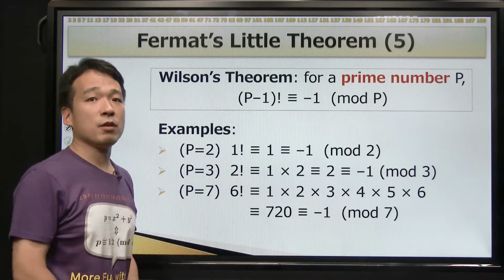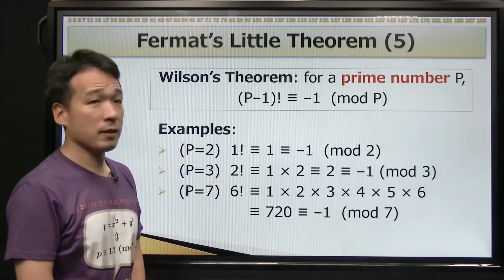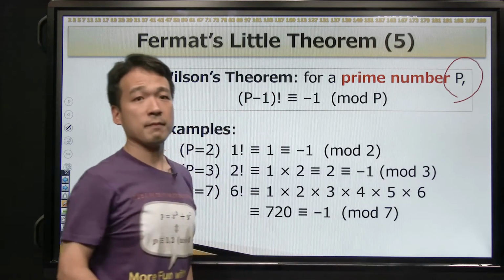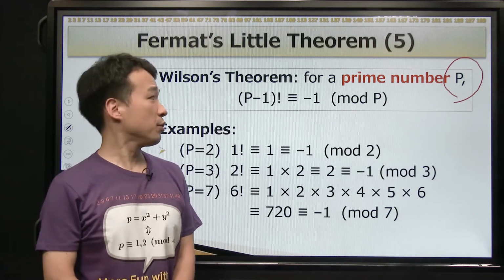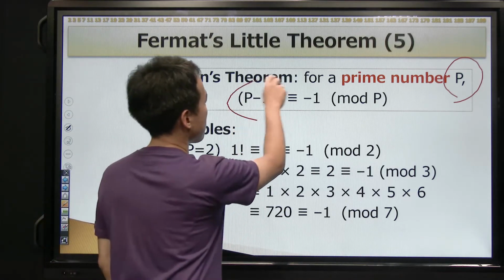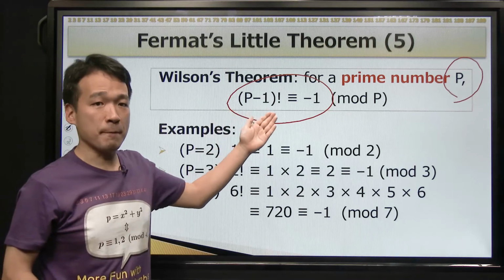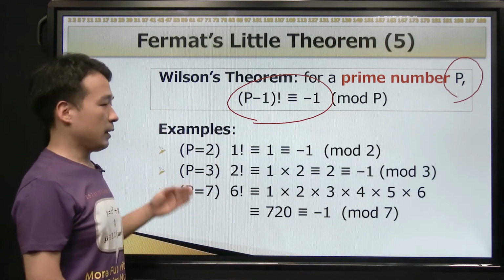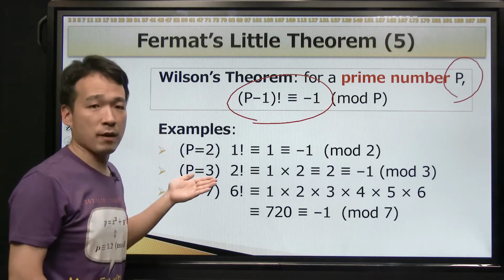Here is a statement of Wilson's theorem. For any prime number p, the factorial of p minus 1 is congruent to minus 1 modulo p. Let me give some examples. It is easy to check Wilson's theorem if p is 2 or 3.